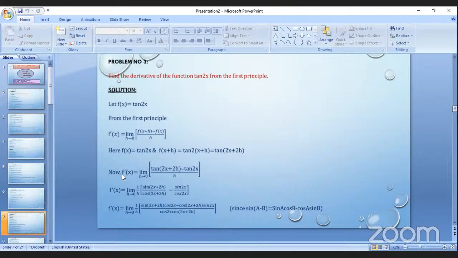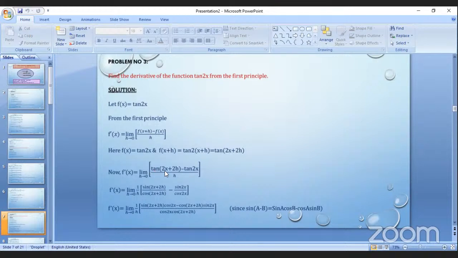Now, you know the formula, the first principle: f'(x) equals limit h tends to 0, [f(x plus h) minus f(x)] by h. So f'(x) equals limit h tends to 0, 1 by h into [tan of (2x plus 2h) minus tan 2x].